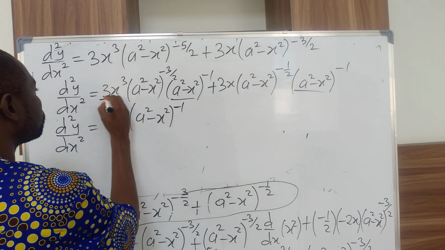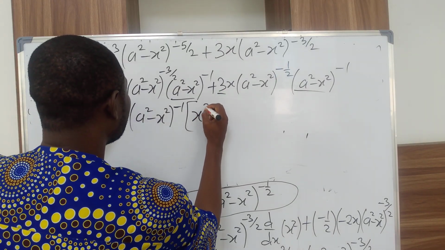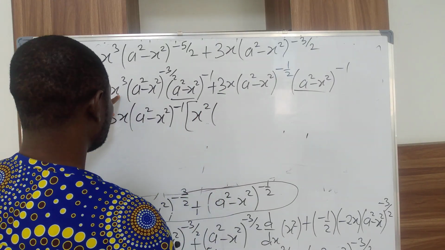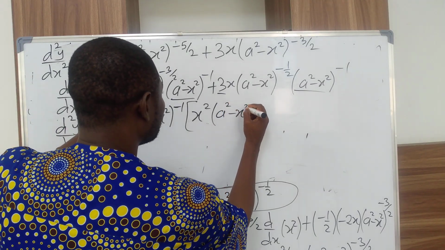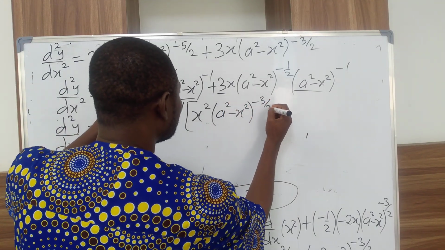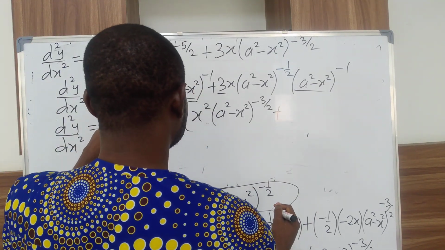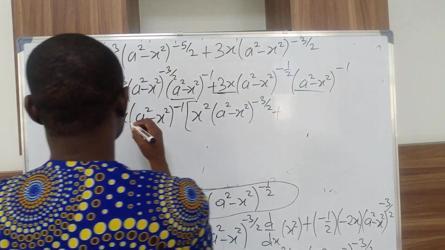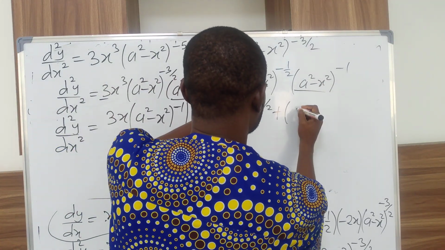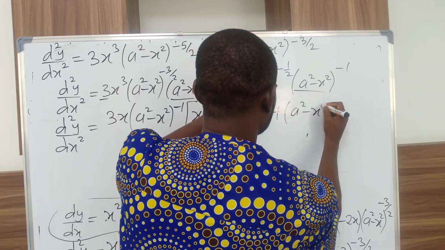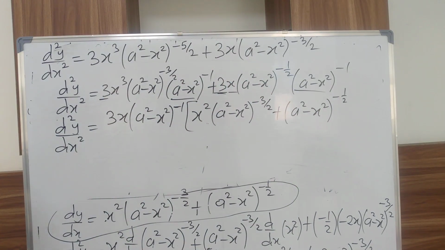Okay, it's common. So this one will remain x squared into a squared minus x squared raised to the power minus 3 over 2 plus, don't forget I brought out 3x, okay? 3x and this one, so remain only this one, a squared minus x squared raised to the power minus half. Alright?